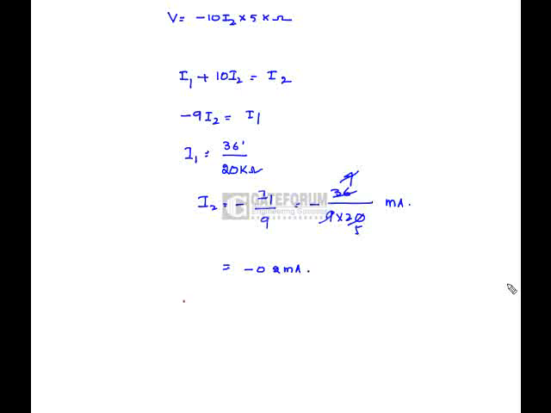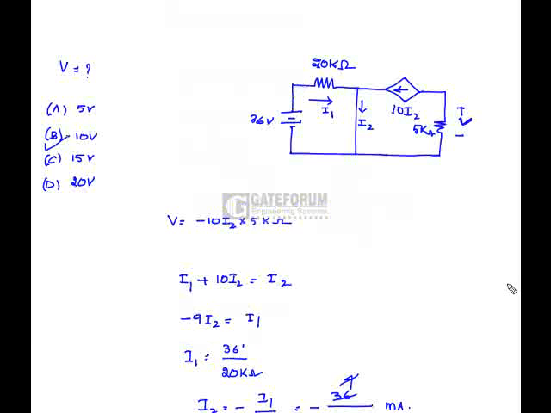So V is nothing but minus 10 into minus 0.2 milliamps into 5 kilo ohms. Kilo and milli cancel each other, into 5, so this minus gets cancelled. That is, we will get 10 volts. Hence option B is correct.